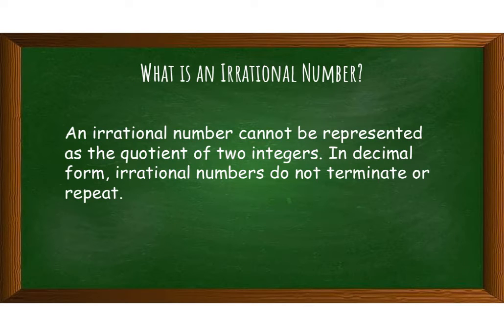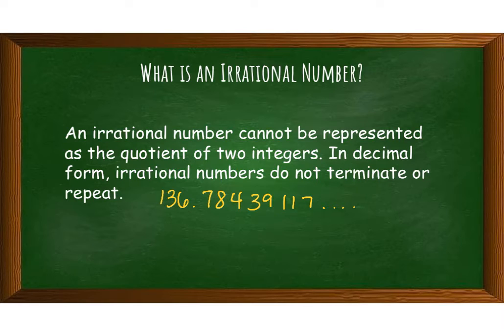Now, what is an irrational number? An irrational number cannot be represented as the quotient of two integers. In decimal form, irrational numbers do not terminate or repeat. So basically, an irrational number is a number like, I don't know, 136.784391117 and keeps on going and never repeats, okay?